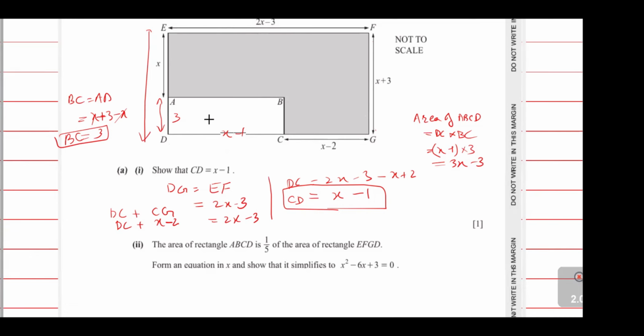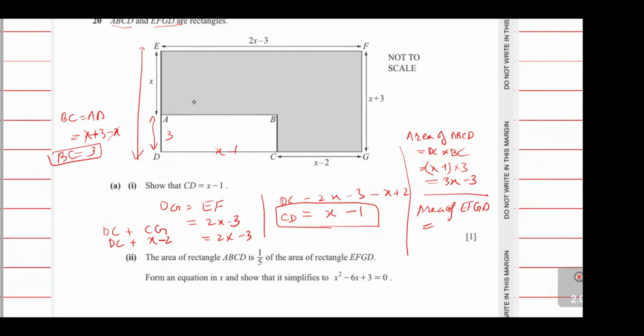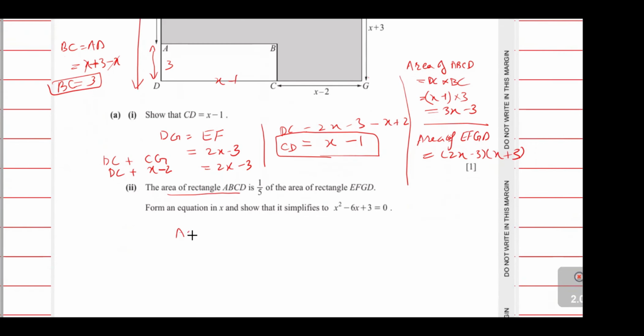And the area of the bigger rectangle EFGD will be equal to length into width. Length here is 2x minus 3 and width here is x plus 3. Area of rectangle ABCD is 1/5 area of rectangle EFGD.